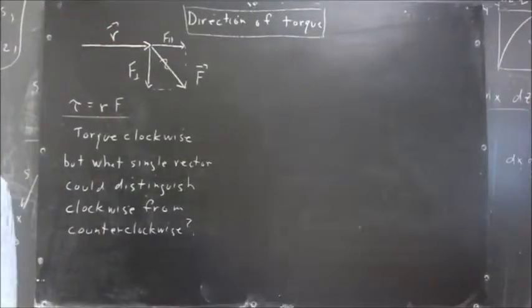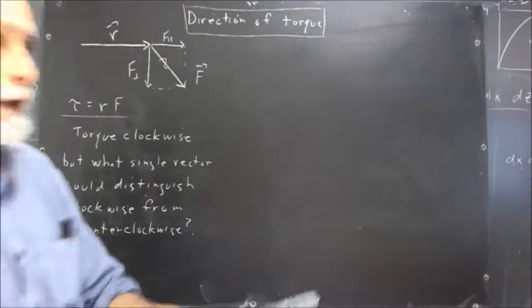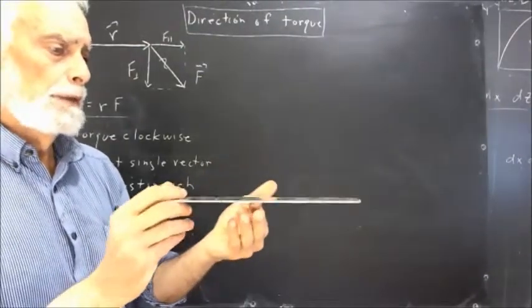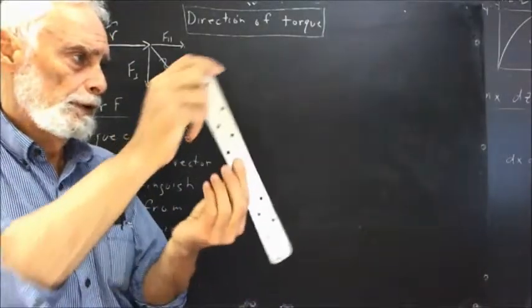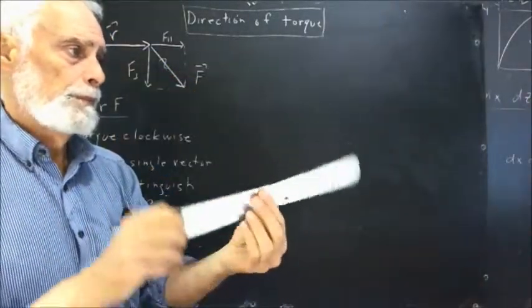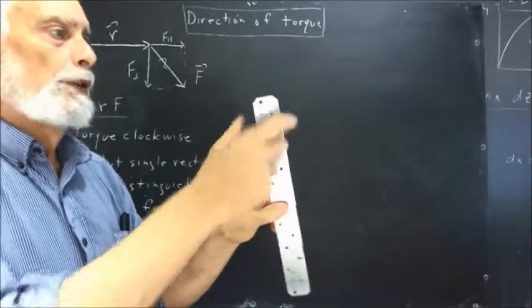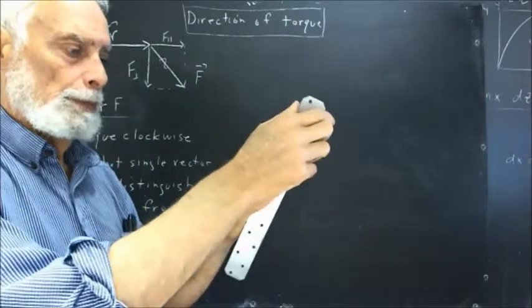Well, let me demonstrate with a strap. Okay, if this strap is rotating, let's say I rotate it in this plane, there's no vector in the plane that tells you the direction in which this is rotating. It would distinguish this motion from this motion.